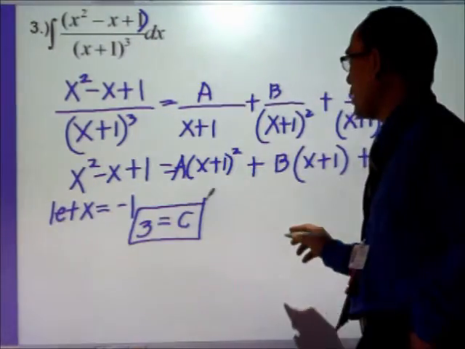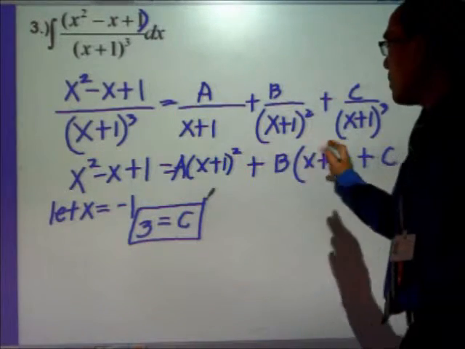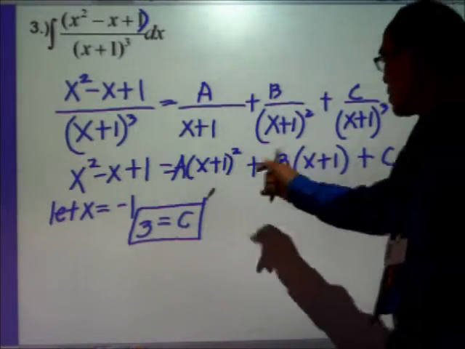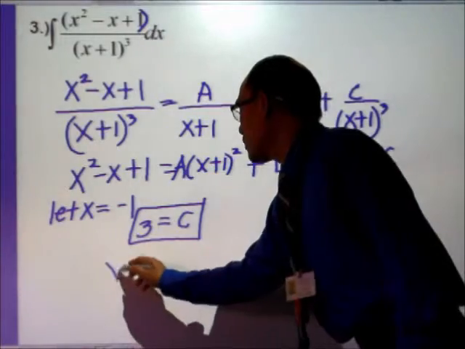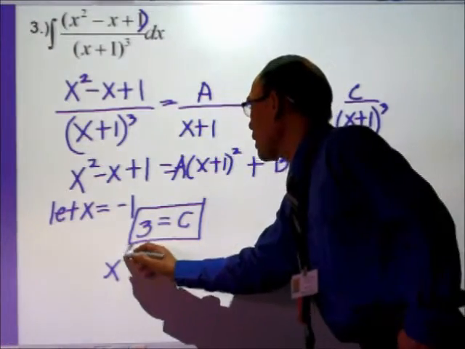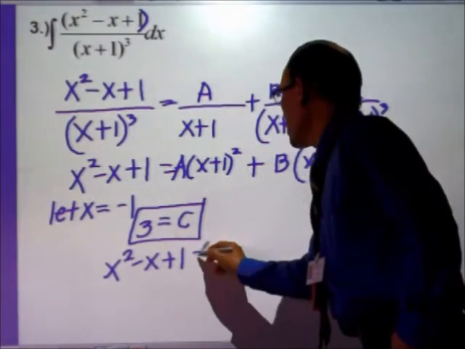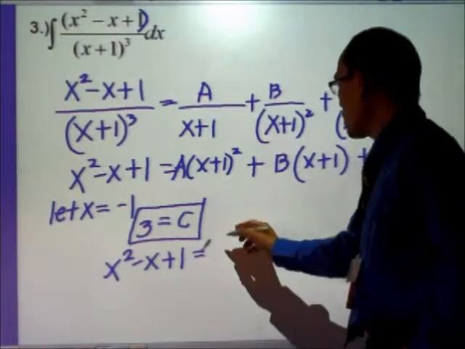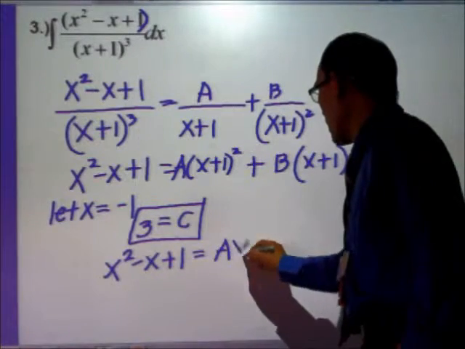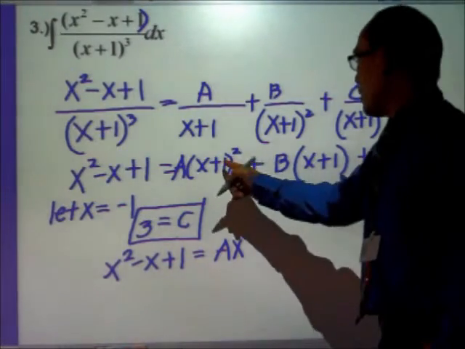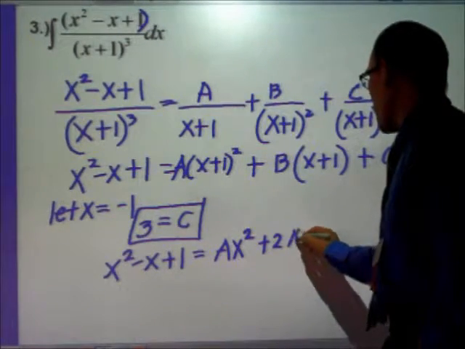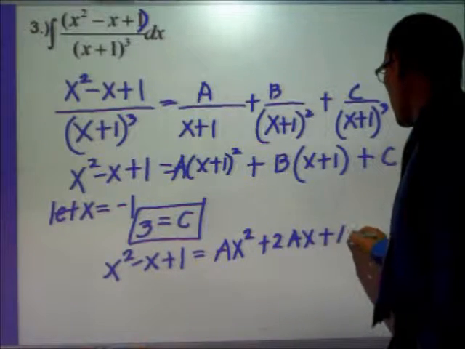There's another way of finding the values of a, b, and c. That is what we call equating coefficients of powers. So, let's go ahead and expand this. Copy the left hand side, the trinomial x squared minus x plus 1 equals, if we expand this, it will give us a x squared plus 2ax plus a.